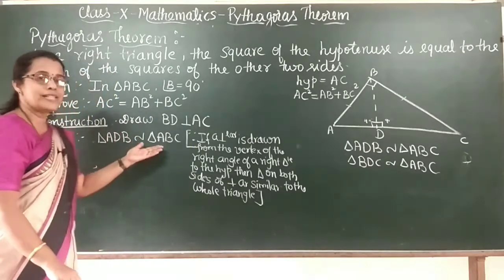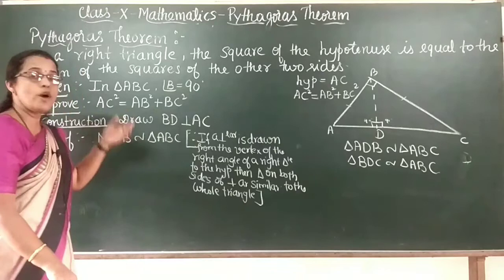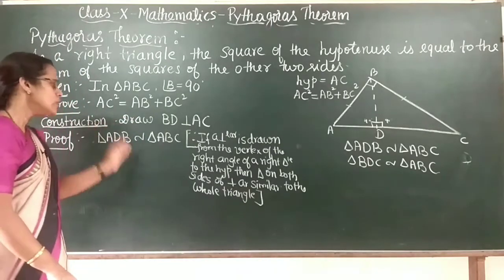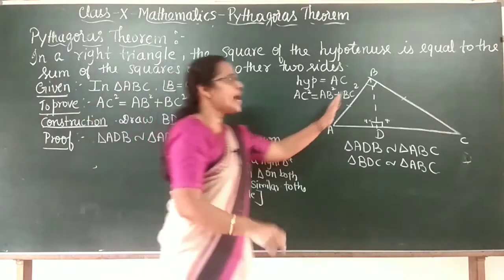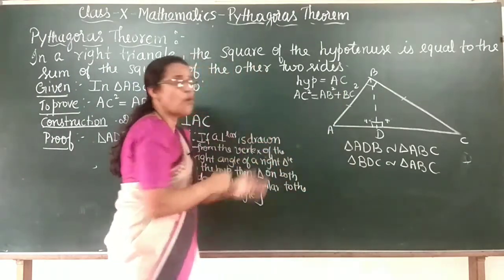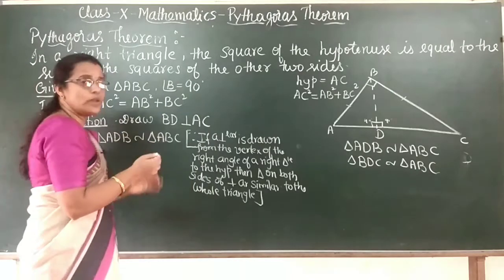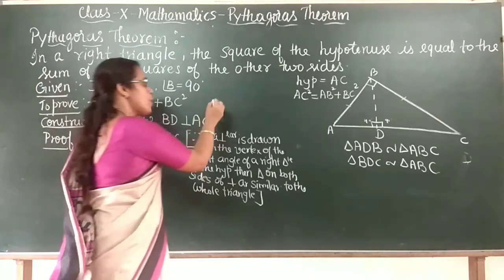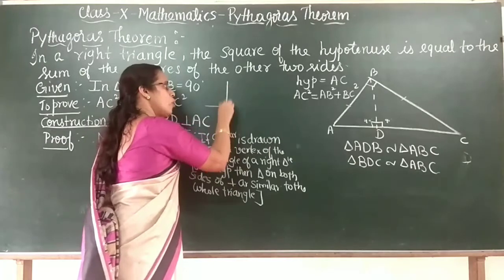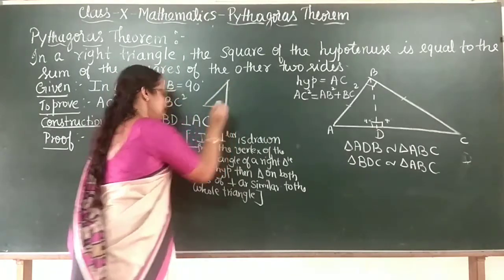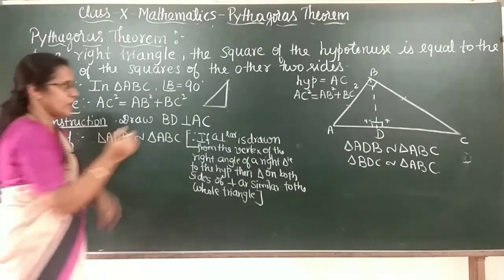So when two triangles are similar, their corresponding sides are in the same ratio. Now ADB is inside ABC. So which are the corresponding sides, children? It is very difficult to understand. So what you can do, see here, is draw the triangles separately. Both are right angle triangles. So you can draw ADB. How is it there?